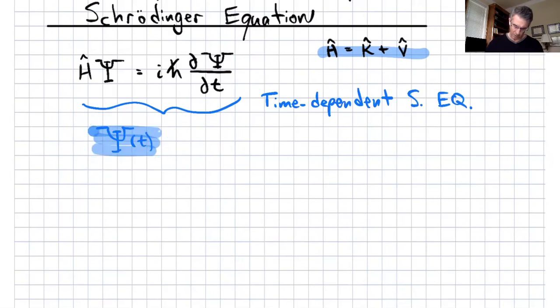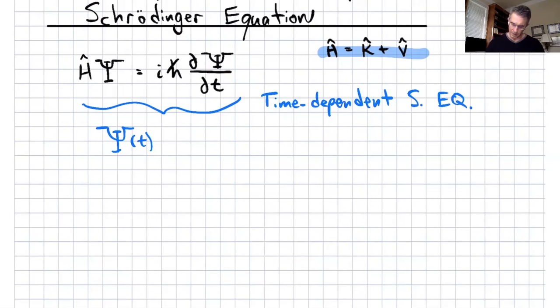So the Schrodinger equation comes to the rescue of the problem of what is the wave function for a given system, because if you know your Hamiltonian, that's well specified.